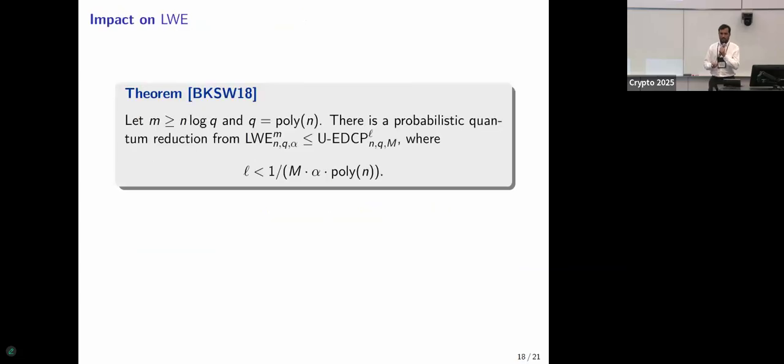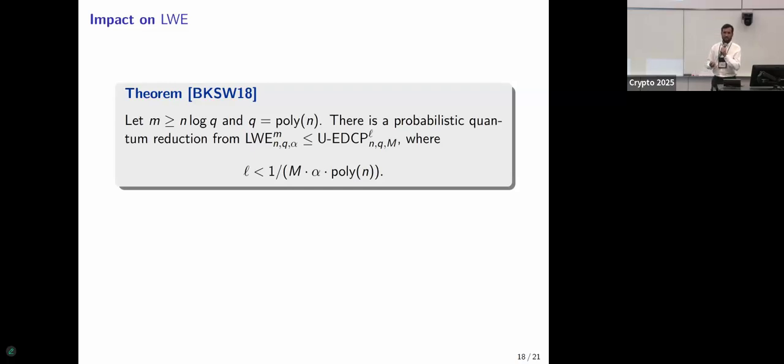And the last thing I want to mention is what's the impact on LWE? Because that was the motivation, because we have a connection between LWE and EDCP. So that's why we are interested in looking at the hardness of EDCP. In the BKSW paper 2018, they introduced the reduction from LWE to EDCP, but it has a restriction on the number of samples. This reduction only produces a polynomial number of samples, but our algorithm needs a quasi-polynomial number of samples.